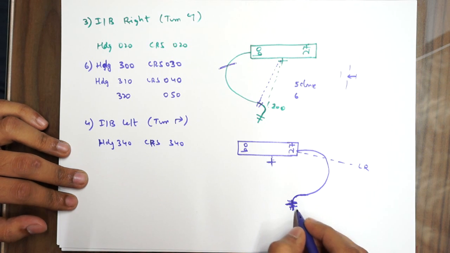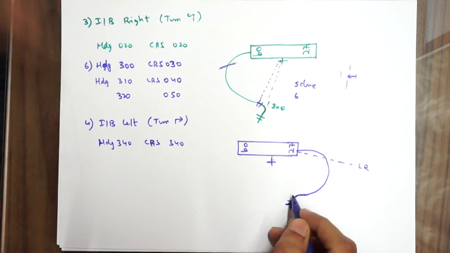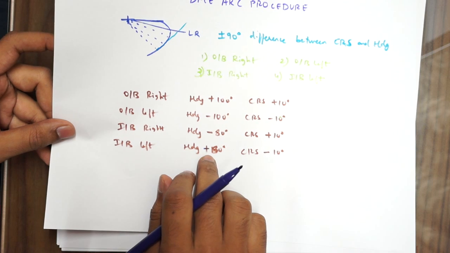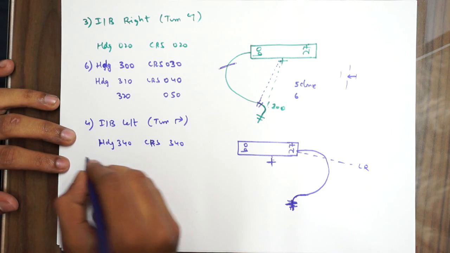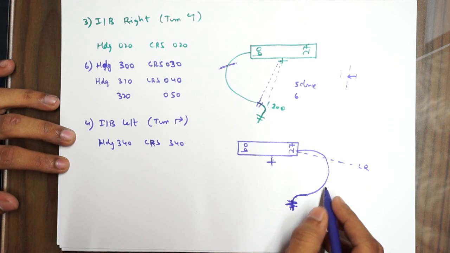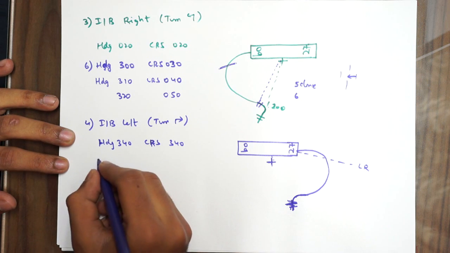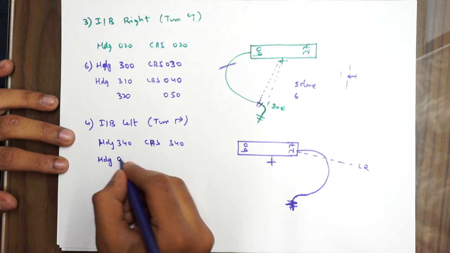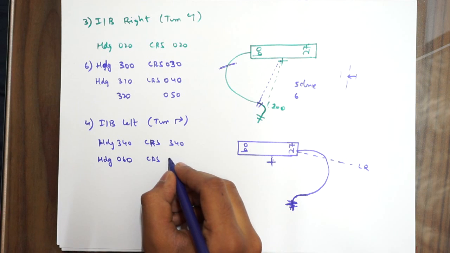Okay, so what happens is, once you are like this, your first turn is towards the right. As you can see here, inbound arc left, heading plus 10, plus 80, sorry, plus 80. So now we will just add to this at around about, since again I'm just taking a 5 DME example, at 6 DME when you're coming inbound, you will set this to plus 80, that will be 060, course to minus 10.